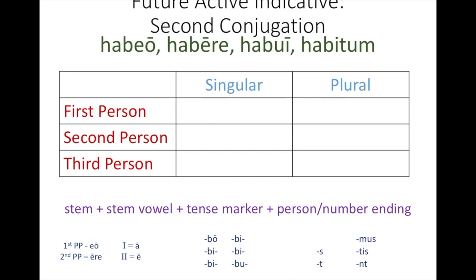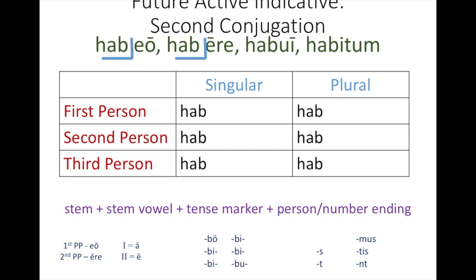The second conjugation future active indicative verbs are formed in very much the same way as your first conjugation. You start with your stem. Remember, take off the EO from your first principal part or ERE from your second principal part, and you have hab for habeo.